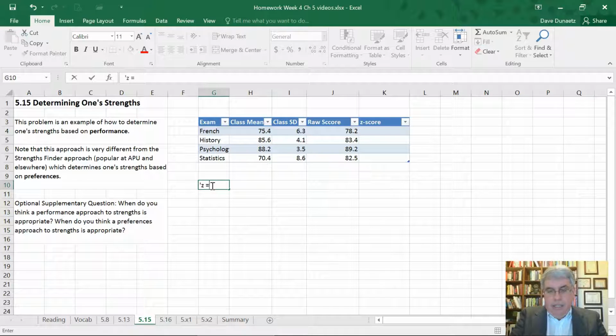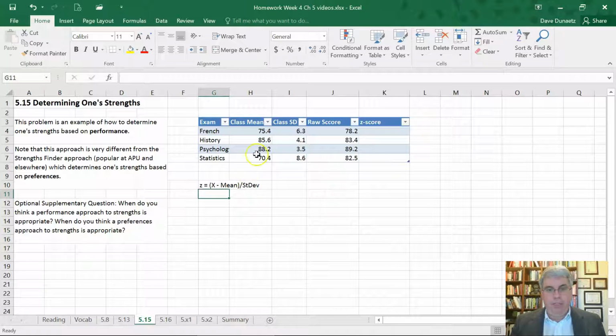Z equals (x minus mean) divided by standard deviation. That's the formula that we want to use here. Now, for each class, the mean and the standard deviation are different, so we'll use that to compute the z-score for that class so we can compare different classes.